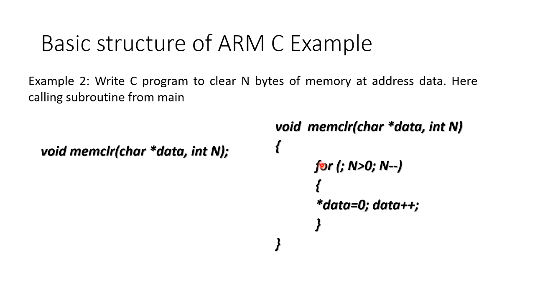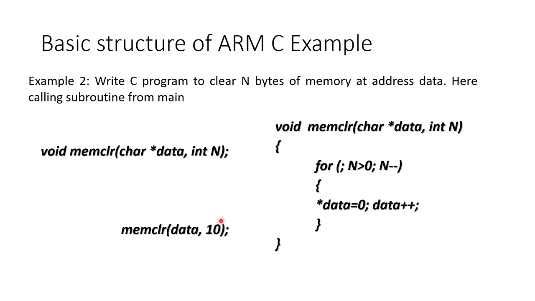So how to write the function: first you have to declare the function as memory clear, and specify the arguments, and then the for loop. The same logic is used here, and that logic is written separately in one function. And then the declaration, definition, and calling the function by passing the value.